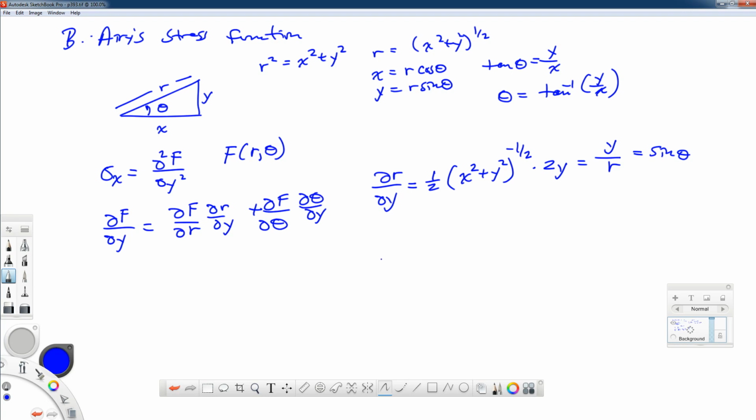Now the next thing we want to do is find the partial of theta with respect to y. And for that, let's recall an identity from calculus.